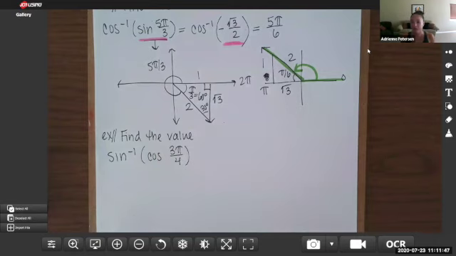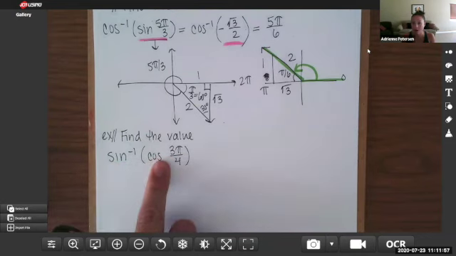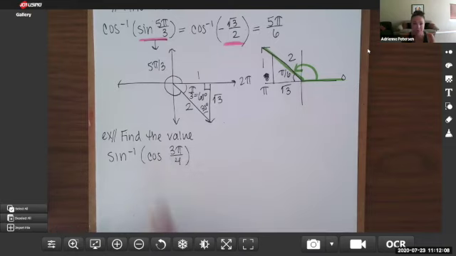So you don't have to really memorize when to do what, but just evaluate it step by step. So we always start on the inside operation first and then work to the outside. So on any of these problems, all you have to do to figure out where to start is look at the inside operation first. So this inside operation asks us to find cosine of 3 pi over 4.